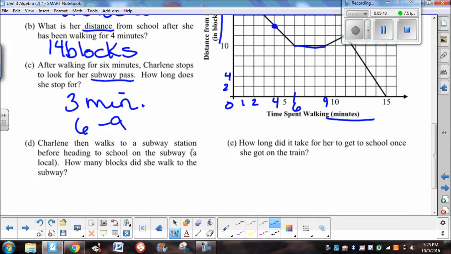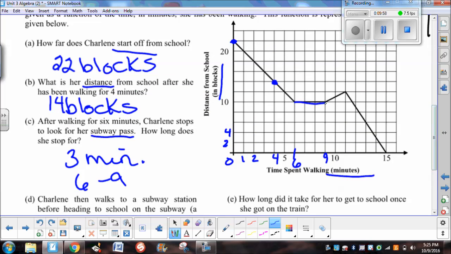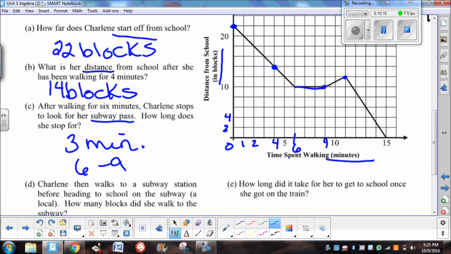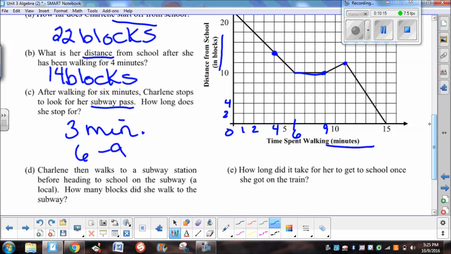Charlene then walks to a subway station before heading to school on the subway. How many blocks did she walk to the subway? So she found her subway pass and right here she gets to the subway, because we notice what's happening. Her speed is definitely increasing, so she must be on the subway there. So how many blocks did she walk to the subway?